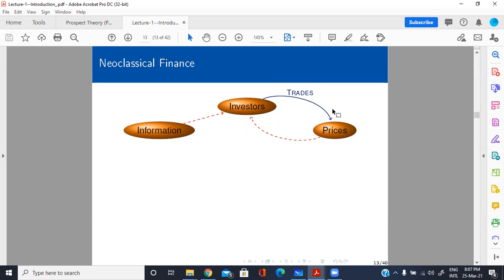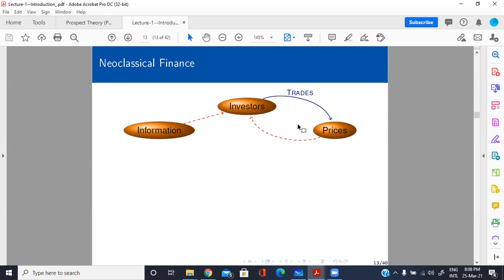If you have positive information, you will want to pay a higher price, or if you have negative information, you want to pay a lower price. So this is how information is transmitted to the price by means of trading. It is not necessarily that information directly influences the price, but prices capture the information by way of trading made by the investors.